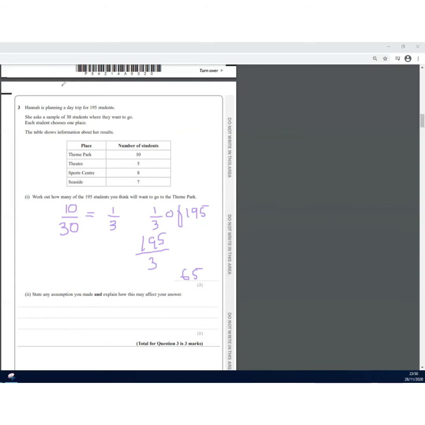The assumption we made is that the sample represents all the given students, or the number of given students rather, which in this case is 195 students.